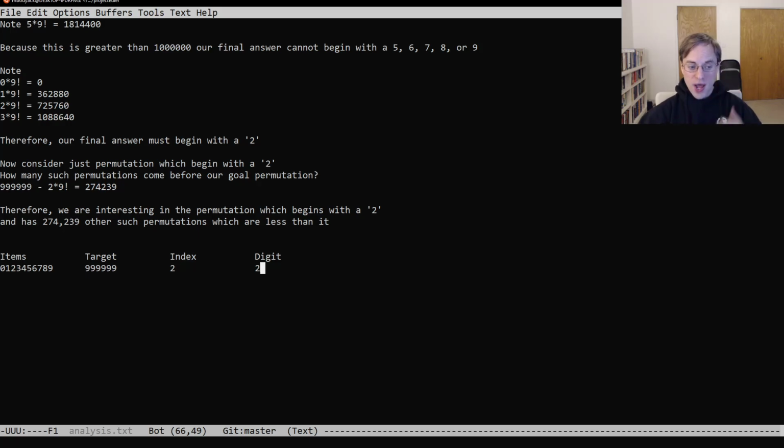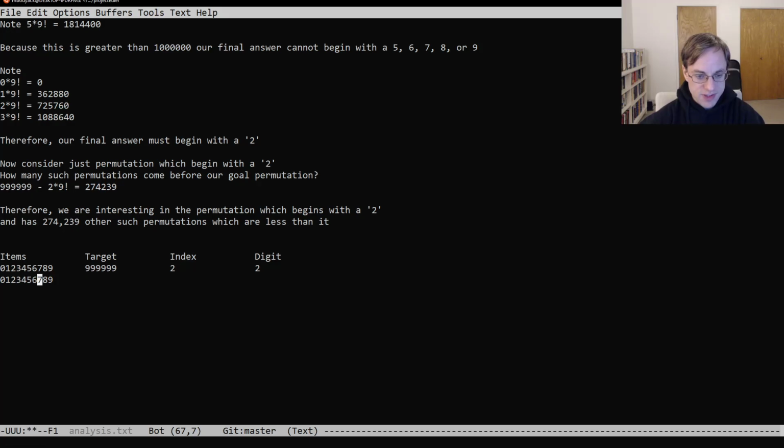Now you might wonder why I have two separate columns here for the index and the digit. You might guess based on our first pass here that those are the same, but it turns out that as we start to remove items from our list here, that may not necessarily be the case.